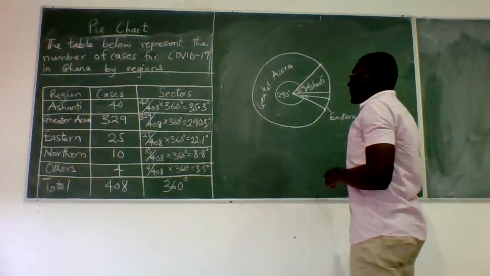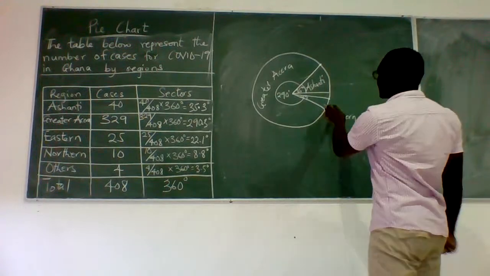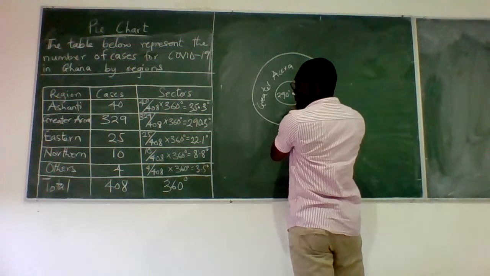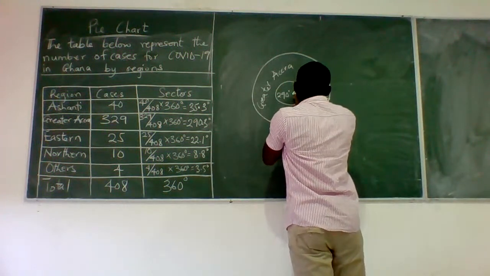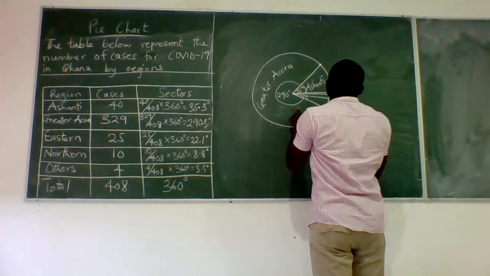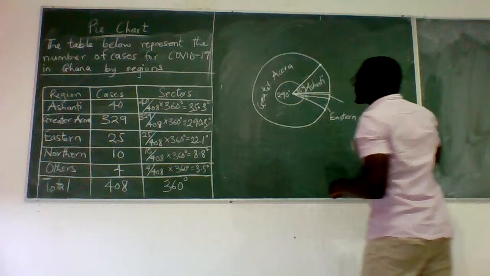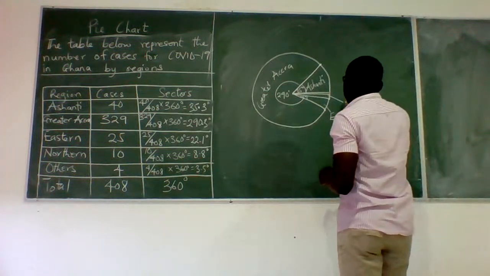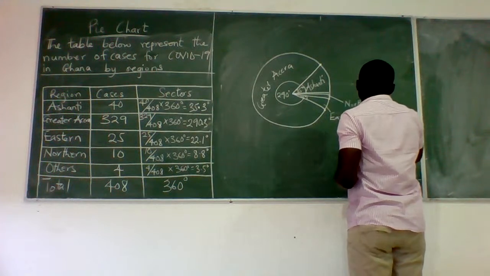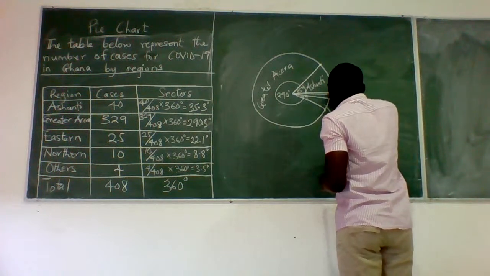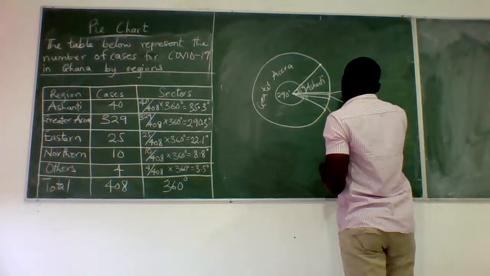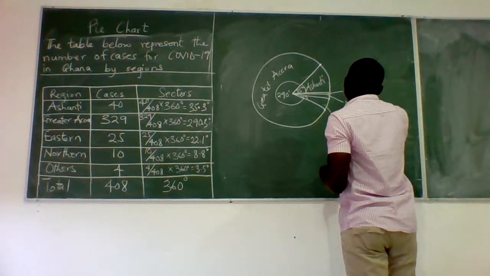And now this small portion here will be divided into 2. So I take this one here as the Northern region, and then this small portion, which is not even up to 5 degrees, is going to represent all the other regions.